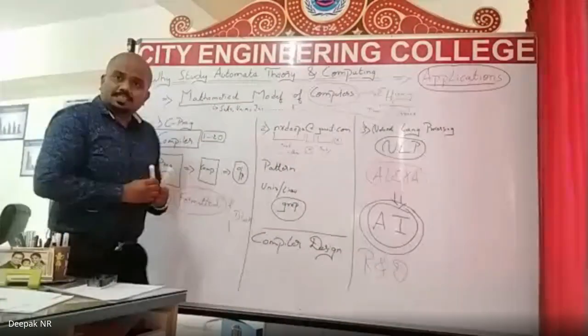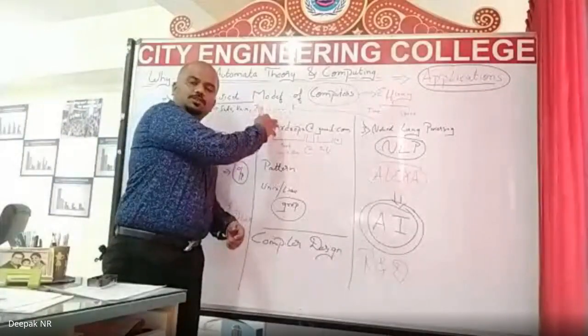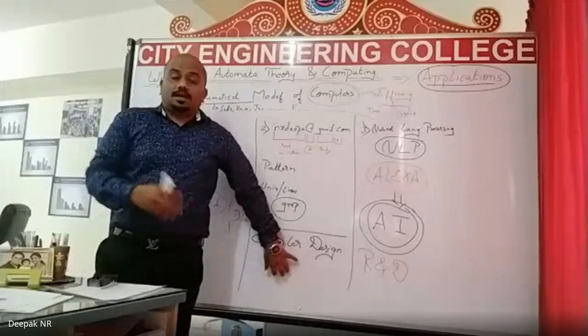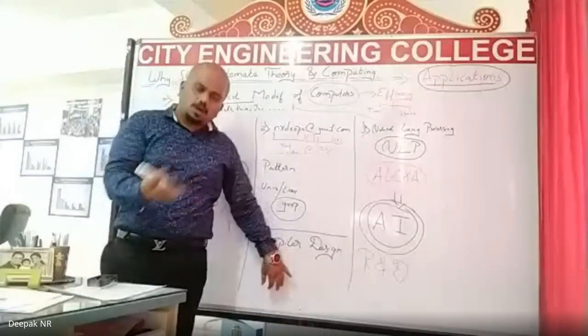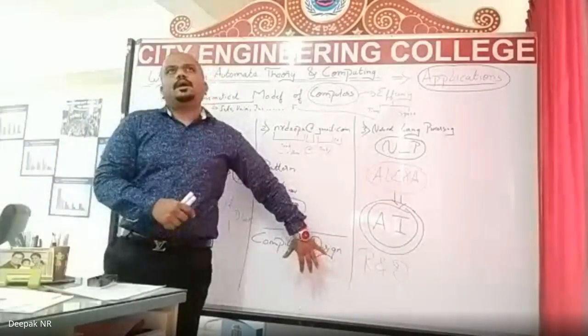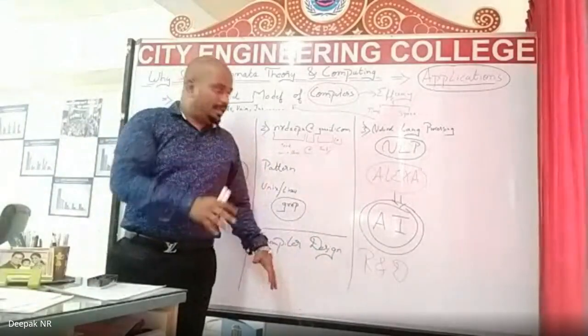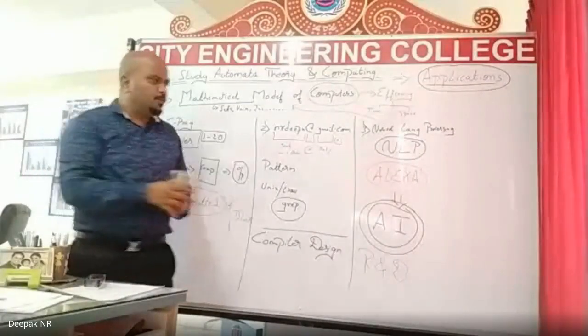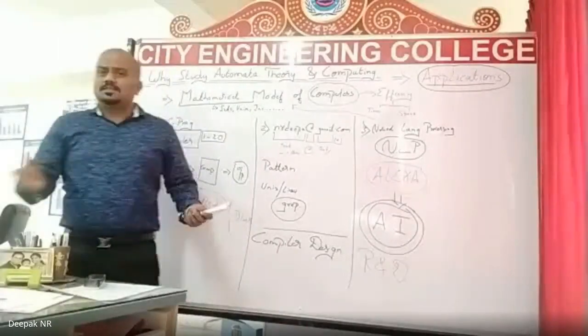This subject is the advanced version of automata, where you work with commands, how to write commands, and how to work on them. Everything will be covered in compiler design. In further classes, I'll explain how to write code, what to do, what not to do, and a few more things. And this is all about automata.